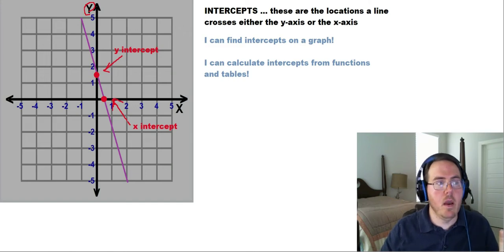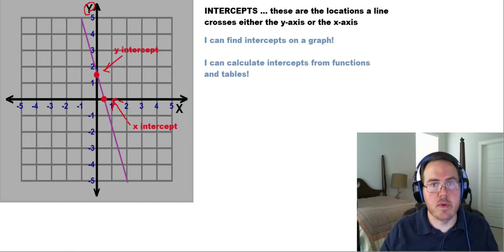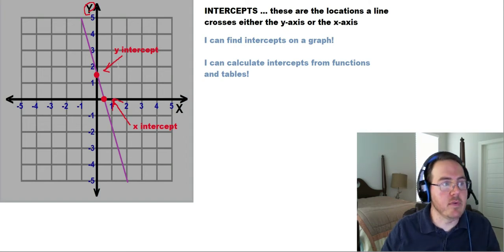Now, I don't know exactly where these 2 points are at the moment, but I do know a couple things about them. For instance, the y-intercept is going to have an x value of 0.